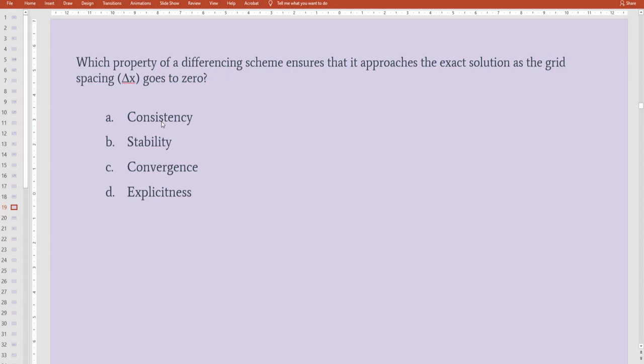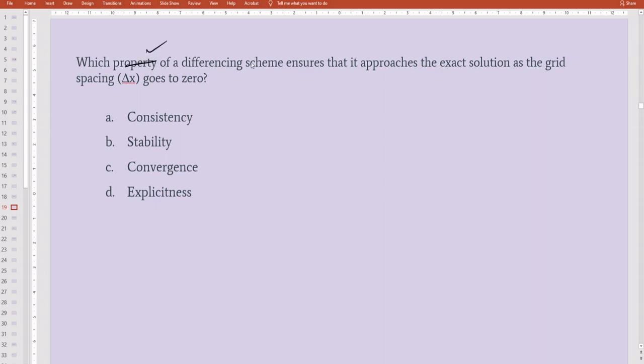Next question: which property of the differencing scheme ensures that it approaches the exact solution as the grid spacing delta x goes to 0? So here the question is about the property of a differencing scheme.